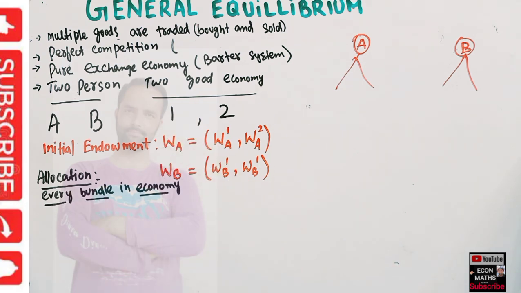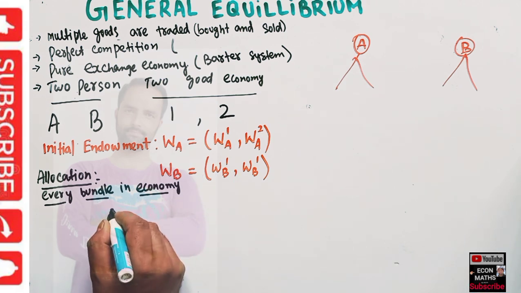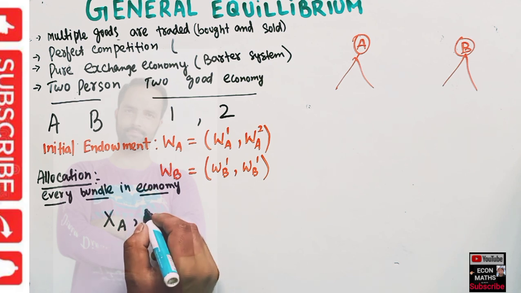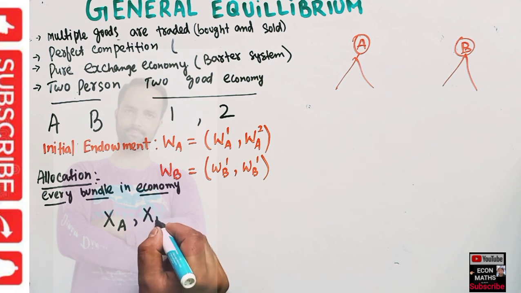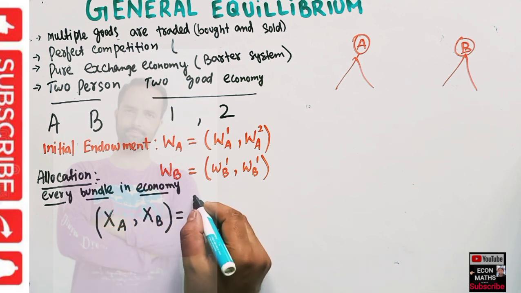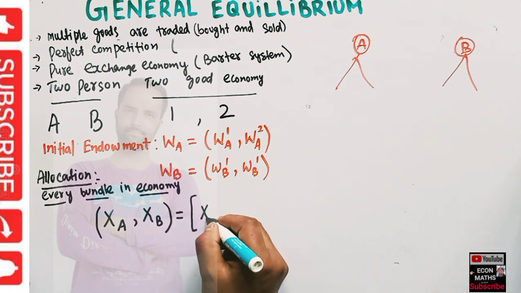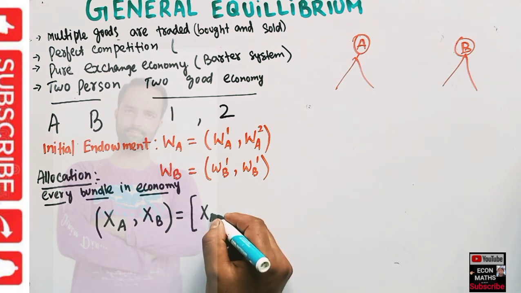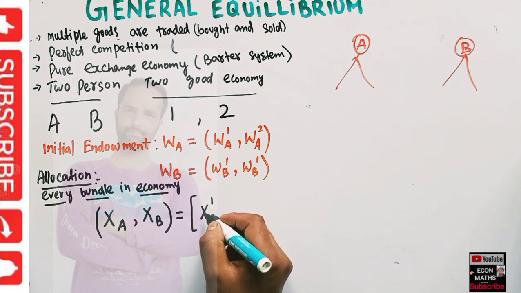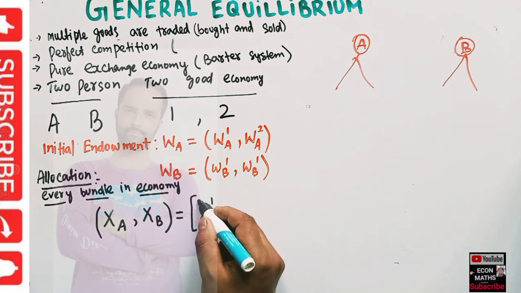And how do we show the allocation? Let's write it like this: XA and XB. XA denotes the number of units of good 1 that A is consuming.